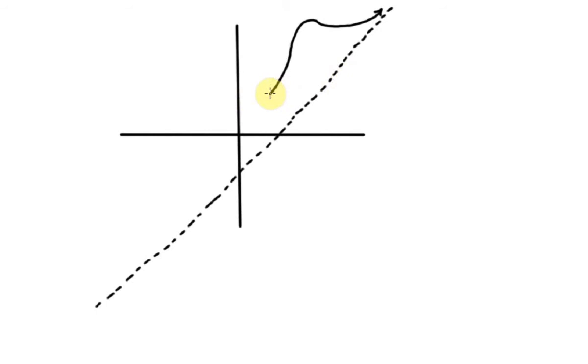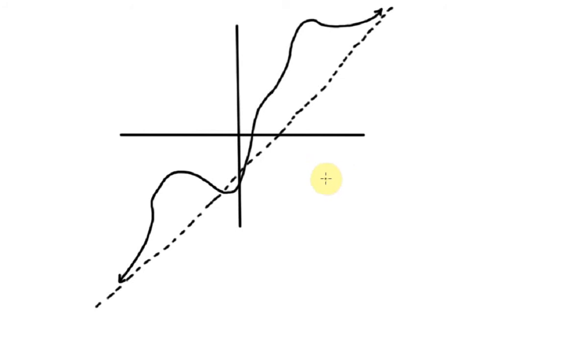And whatever else it does around here, who knows? Maybe it goes roaring down and loops up, and then maybe down here does the same sort of thing. As we go further and further to the left, our function is approaching this asymptote. So that's what an oblique asymptote can look like. It doesn't have to have a positive slope, it could have a negative slope, whatever the case may be.